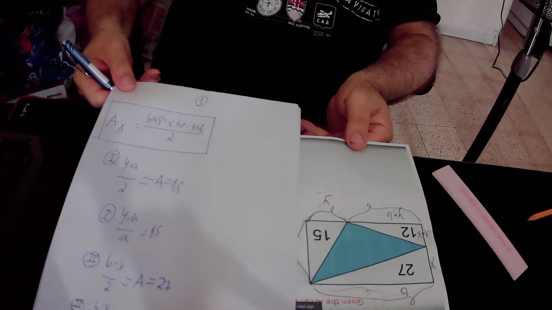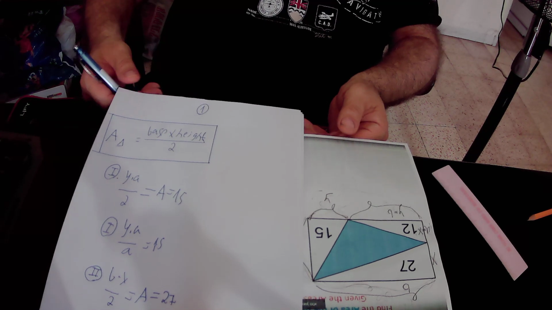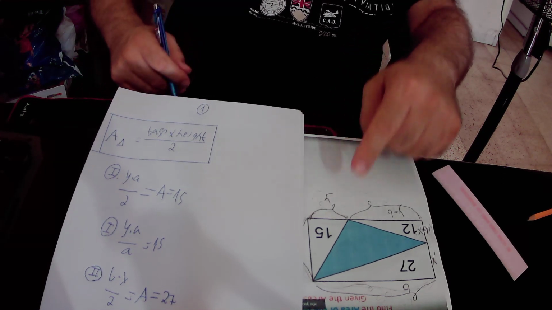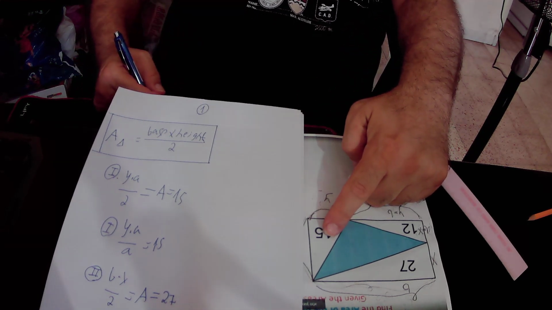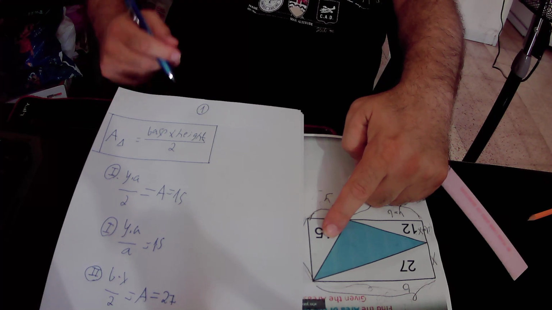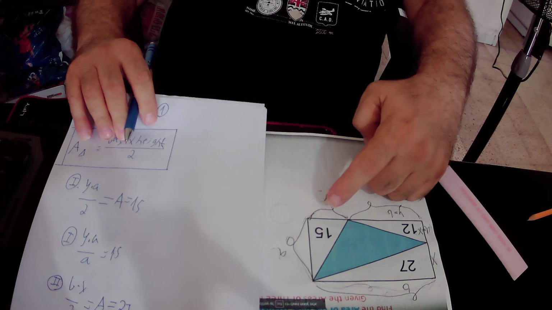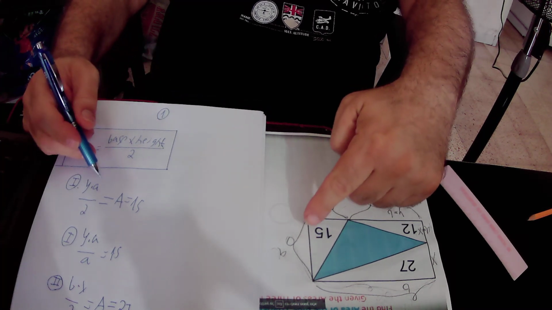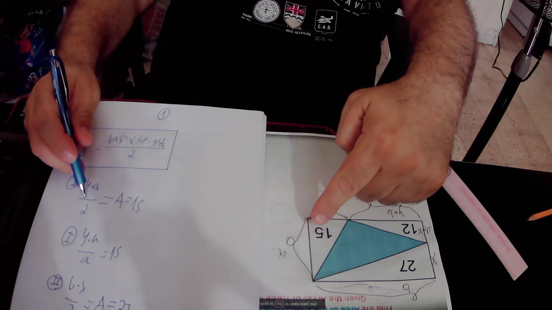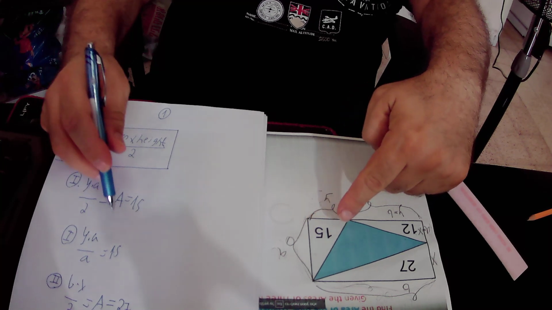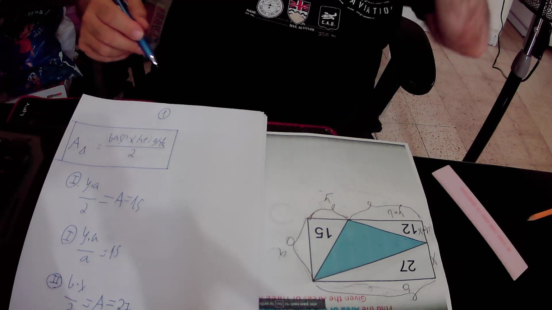So I will repeat again. The area of this right triangle is the base of the triangle, that is y, times the height of this triangle, that is A, divided by 2. And this actually equals 15 units.